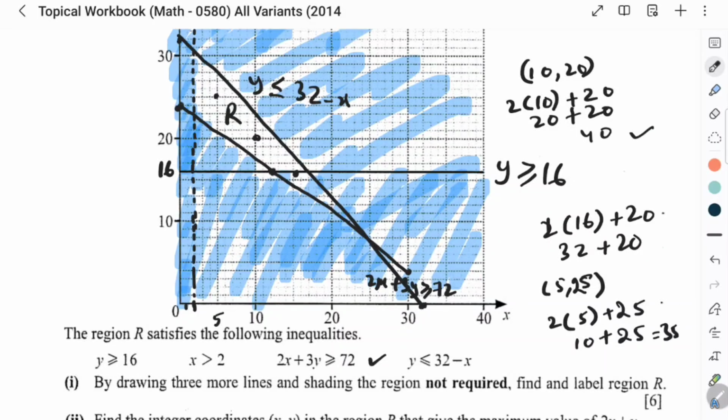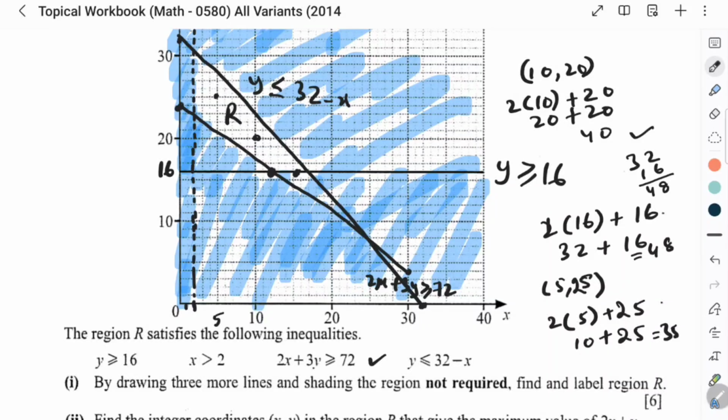And if I take 16 and 16, which is also there and is also an integer value, then I'll get the maximum value. So 2 times 16 plus 16 gives 48.